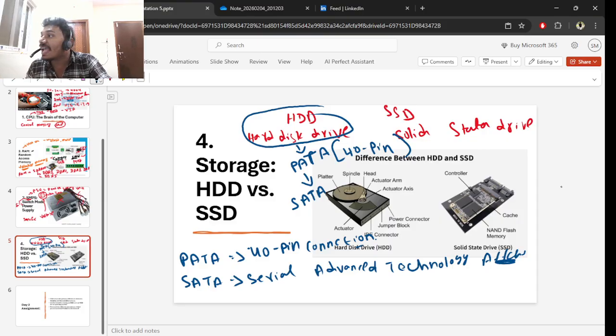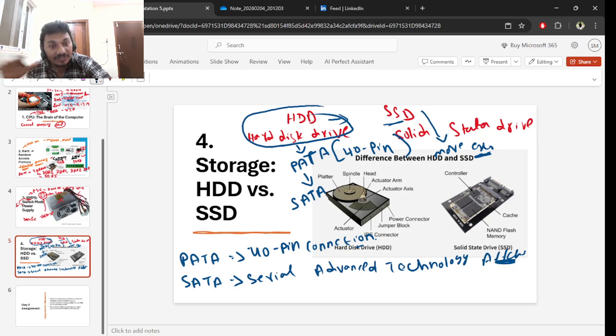Now we are using SSDs, which means solid state drives. This is an upgrade to the hard disk. This is a faster version of the hard disk. While SSDs are more expensive, they are essential for modern systems, meaning recent laptops, mobiles and recent computers.